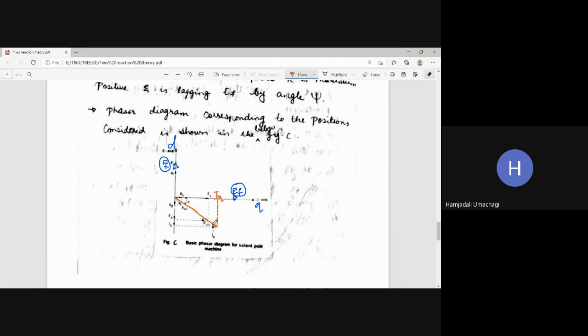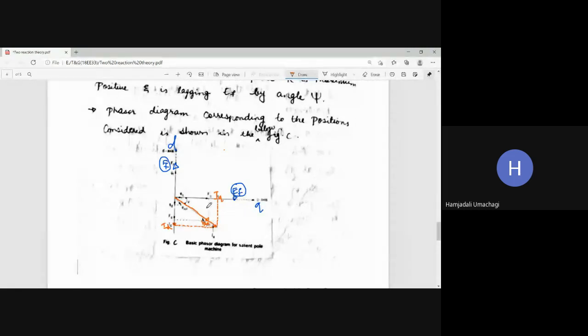Similarly, the armature component acting along direct axis, this is my direct axis, this will be ID. Similarly, there will be the armature field, that is nothing but FAR, the field because of the armature winding.